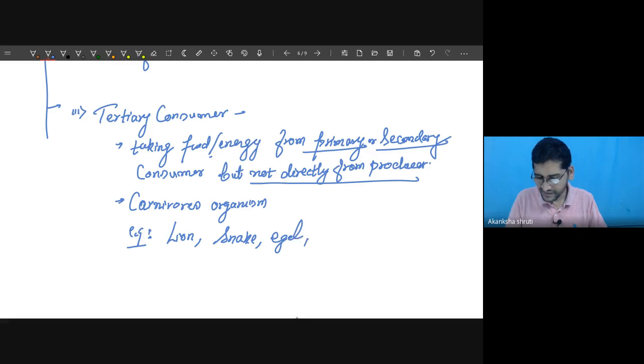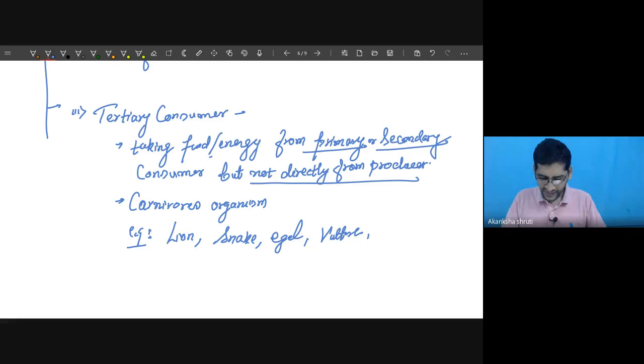Eagle. Other, vulture. Students, we will write this eagle and vulture in another category also, called detritus feeders, which are able to feed on dead organisms also, but they can take the live one too. So vulture also falls in this category.